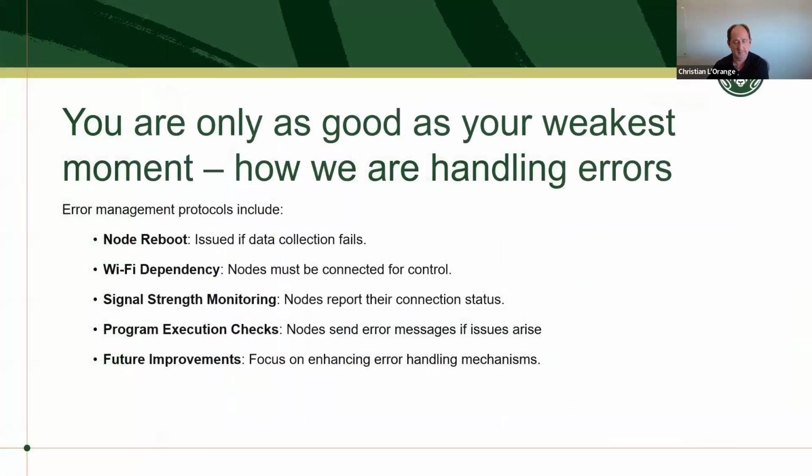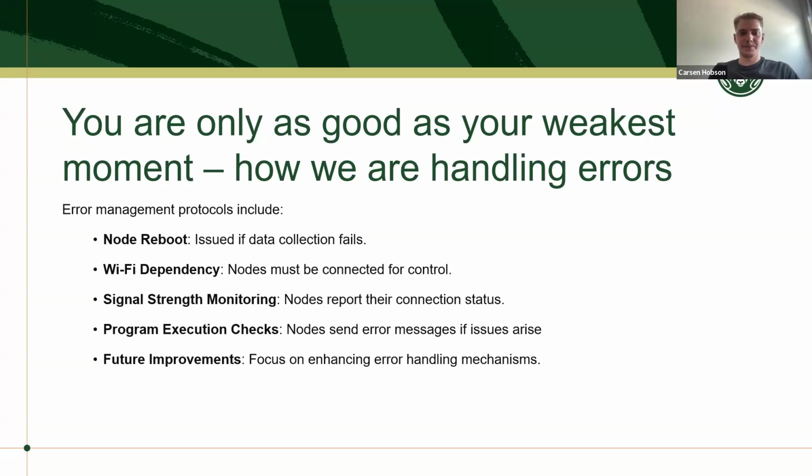Okay. We're gonna start talking about how we deal with problems. Yes, yeah, so air handling. So the central hub, if one of the nodes does not send data within the last 10 minutes, it will send a signal and it will reboot itself, which would hopefully alleviate any problems that node was having, which a lot of times resetting something does work.